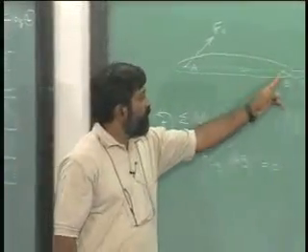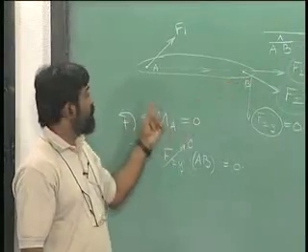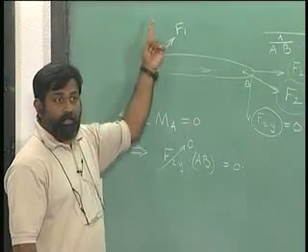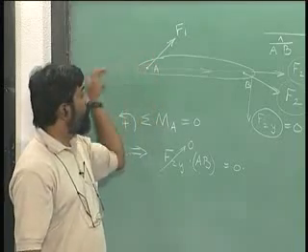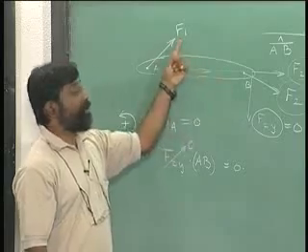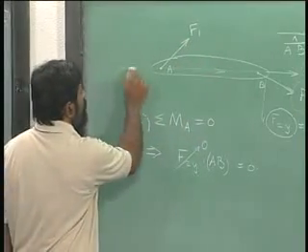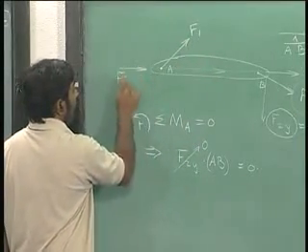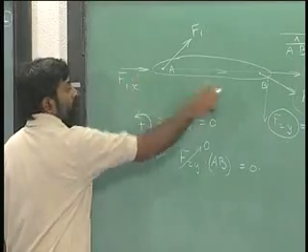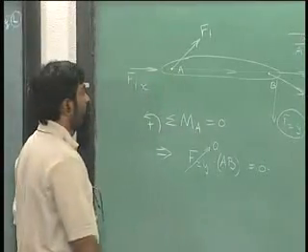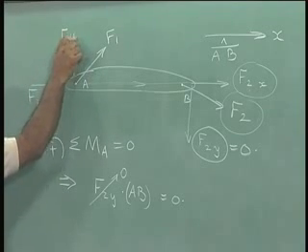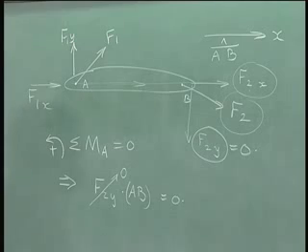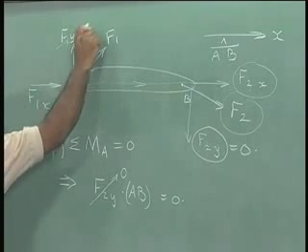By similar argument, if I take moment about this, it is possible to show that the horizontal component or the component along AB of F1 is equal to 0. I am sorry, the component along AB, which is F1x and F1y, are the 2 components that we can split, and we can immediately say that this is equal to 0.